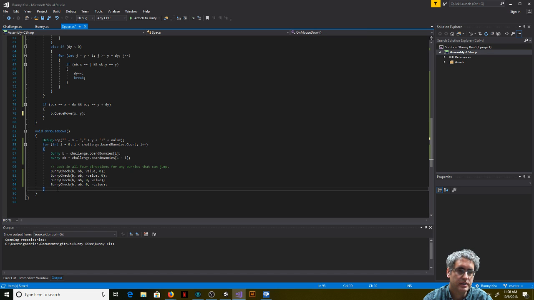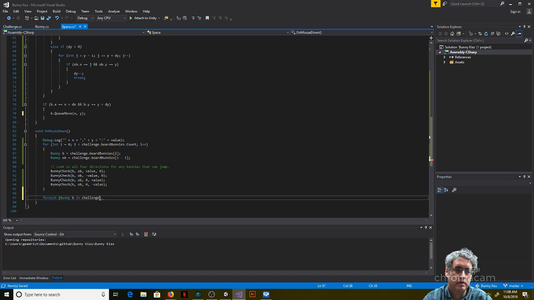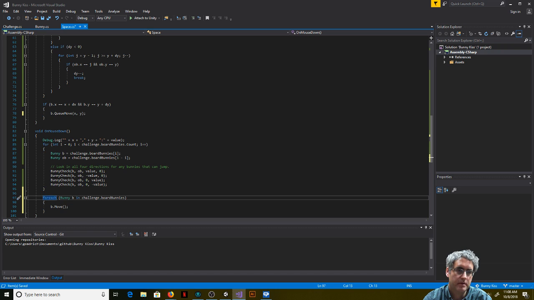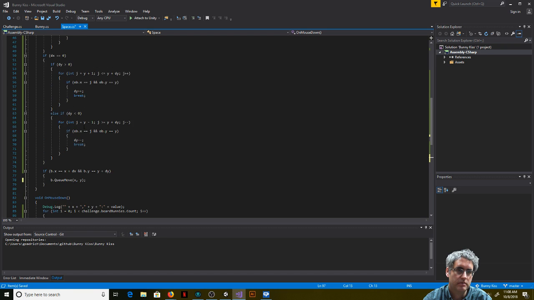And then down here again, second thing, for bunny B. In the challenge for bunnies, just go ahead and move. Every time you tap, check to see if they're going to move.